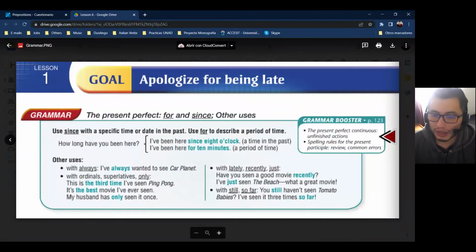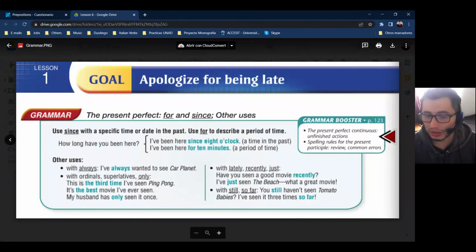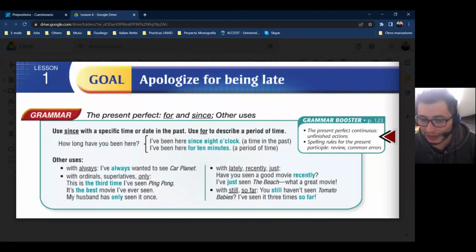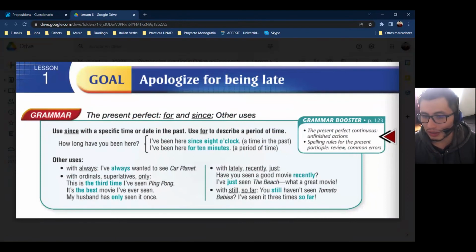So what happens? Recently refers to an action that has just happened. That's why, by the way, just is in the answer. I mean, we answer with just because just is also a recent activity that we have just done. Okay, recently can be used in questions or in affirmative statements.